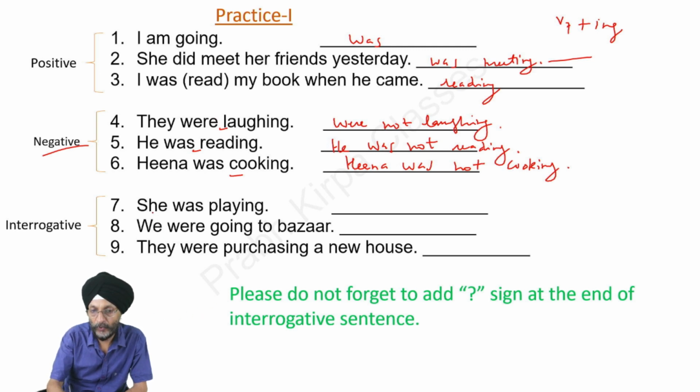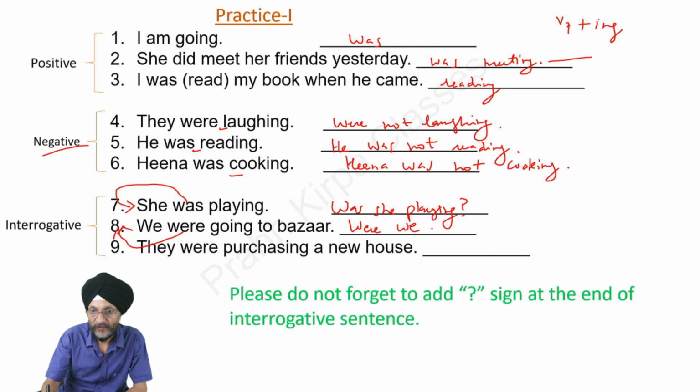Interrogative. Now we are to make the sentence interrogative. What we are to do? We are to place "was" before the subject. "Was she playing?" Next, "we were going to bazaar." We are to place verb before the subject, "we."